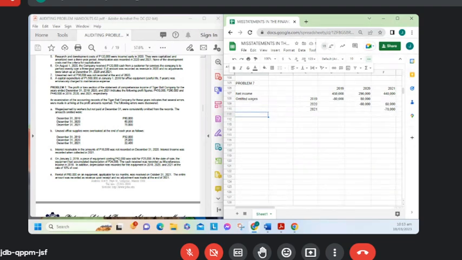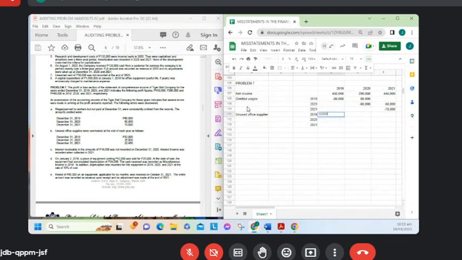Letter B, unused office supplies were overlooked at the end of each year as follows. So unused office supplies for 2019, it means expenses is overstated by 32,000.